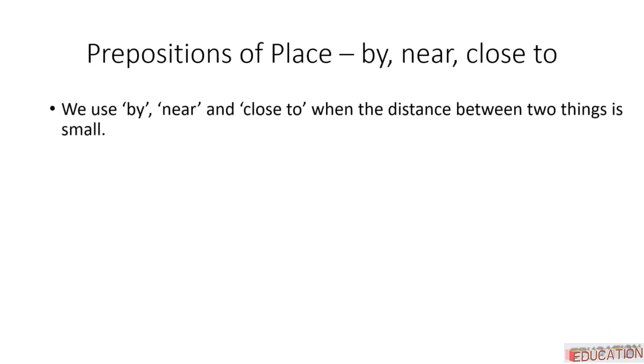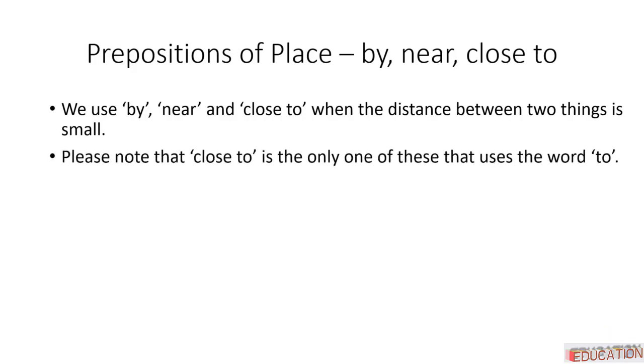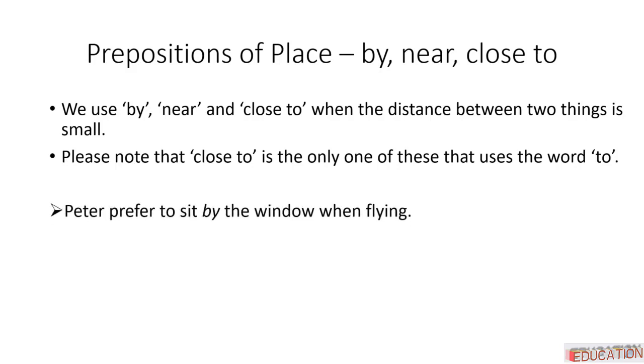We use by, near, and close to when the distance between two things is small. And it is worth noting that close to is the only one that uses the word to. You wouldn't have by to or near to. So Peter prefers to sit by the window when flying.